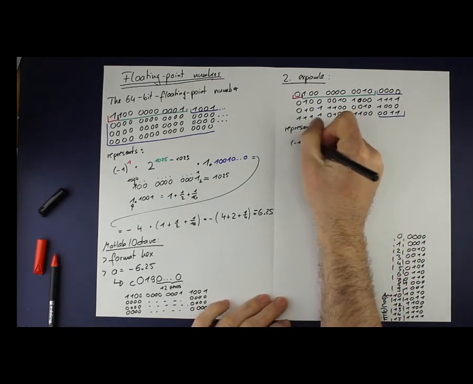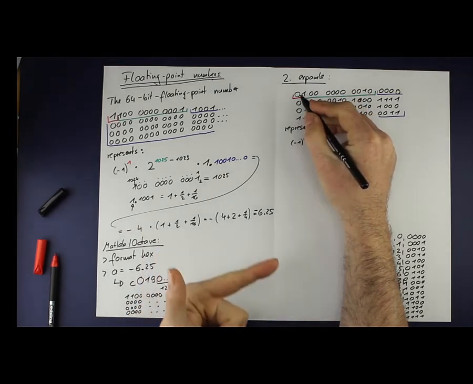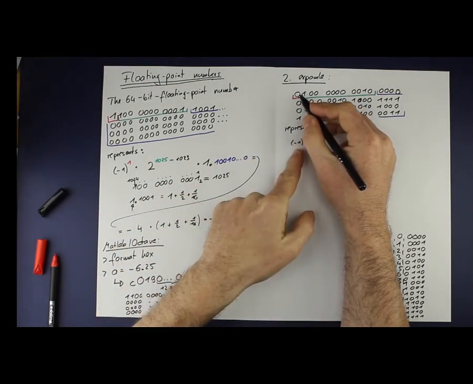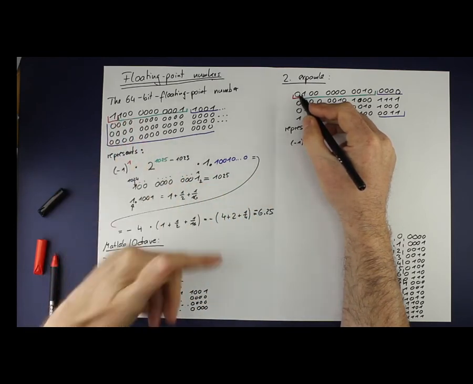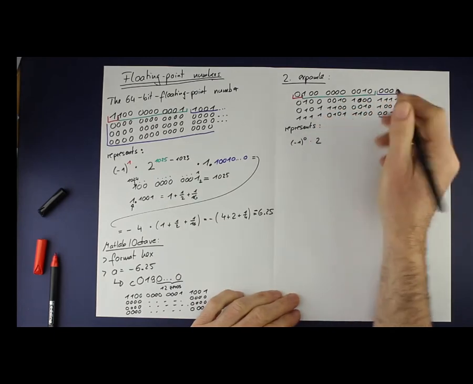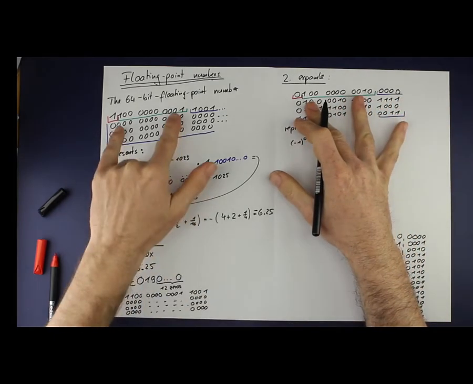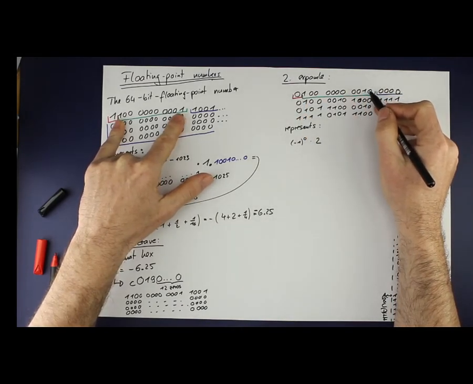This time it's minus 1 to the 0, so it's a positive number. The first bit is the sign bit. If it's 0, it's positive. If it's 1, it's negative. Okay, times 2 to the power of, what happens here compared to here? This number is 1 more than this number.